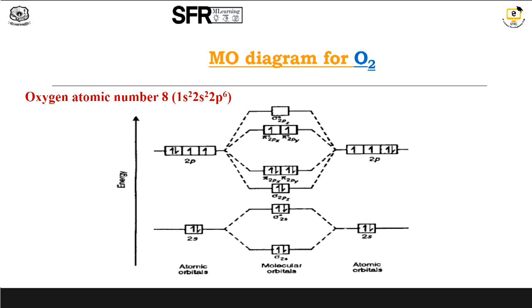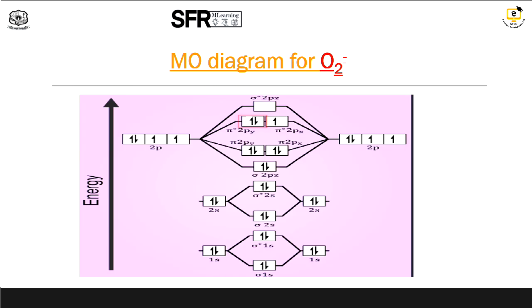For O2 minus, there is only 1 unpaired electron, so it is also paramagnetic. For O2 2 minus, one more electron is present in the anti-bonding molecular orbital, so there is no free unpaired electron, and O2 2 minus is diamagnetic. O2 plus also has one unpaired electron available in the anti-bonding molecular orbital, so it is also paramagnetic.